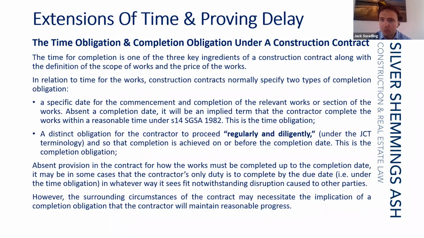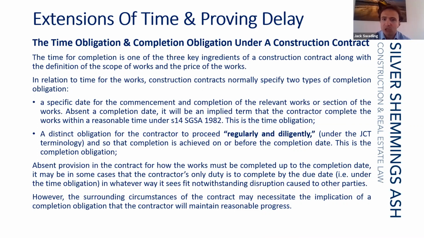At common law, if the contract makes no express provision for how the contractor is to progress the works, then the contractor may be able to say that they can progress the works however they see fit, get it all done in the last week rather than the preceding 3 months. So there is the time obligation, first of all.